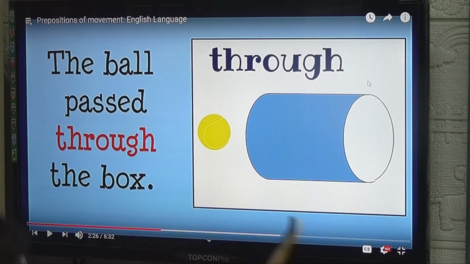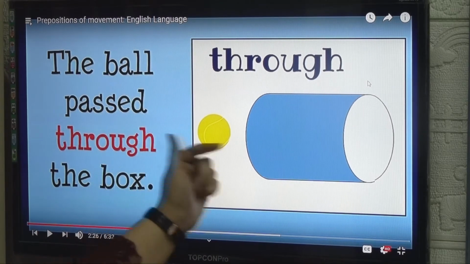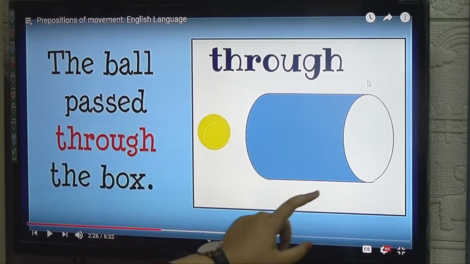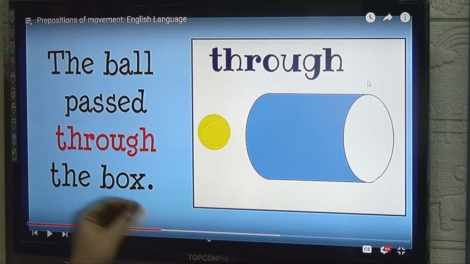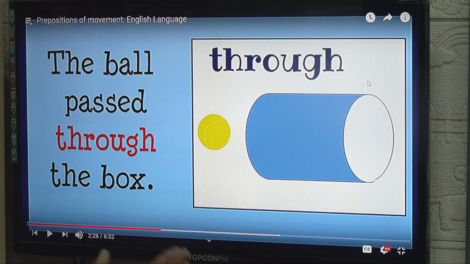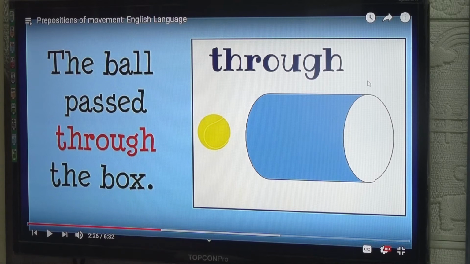So basically, the ball has to do something in order to pass the box, right? So that's why we use through. Passed through the box. It means it used the box to pass, out of the box. From one side to another side, but it's going through something.